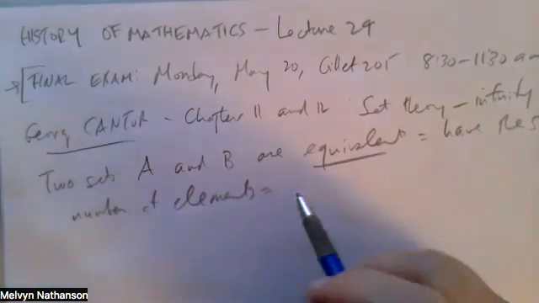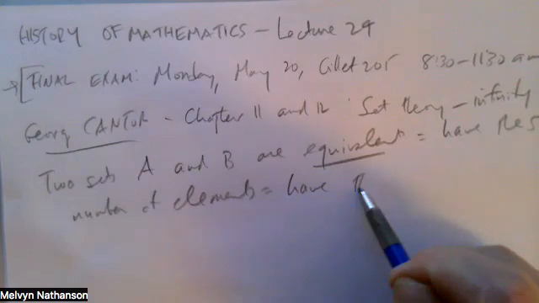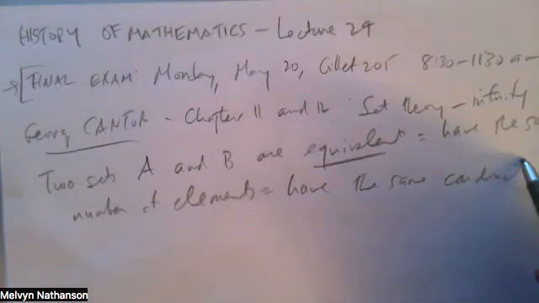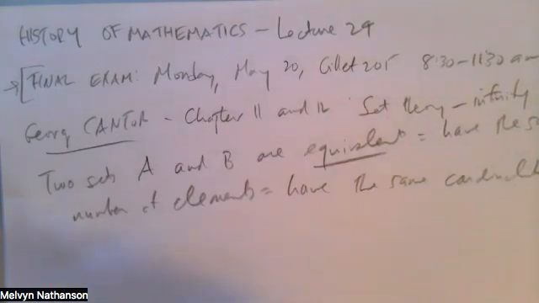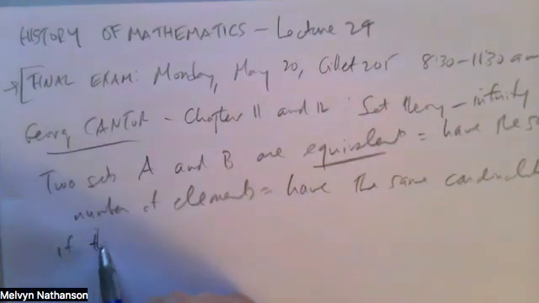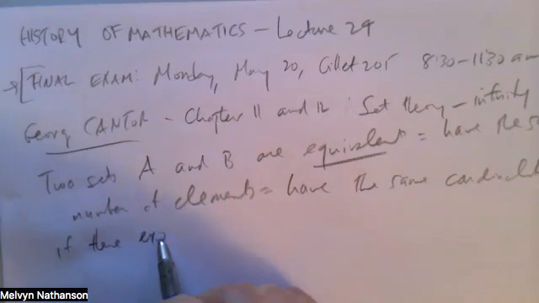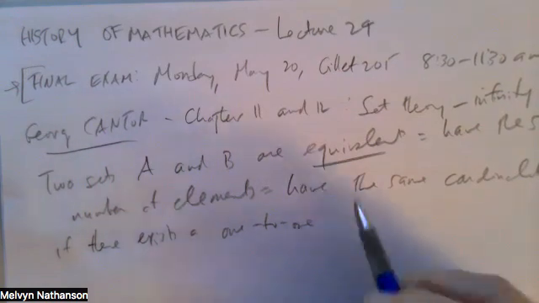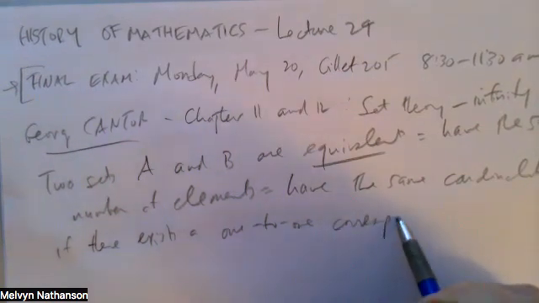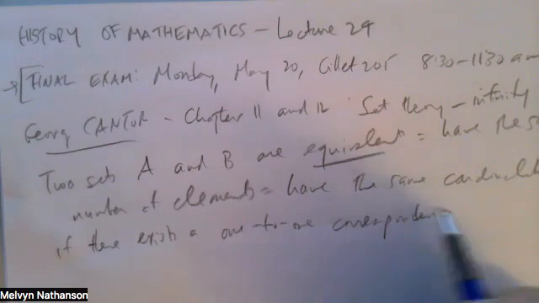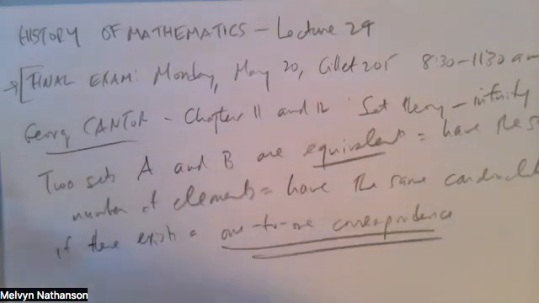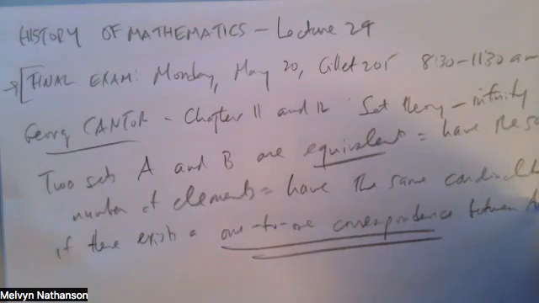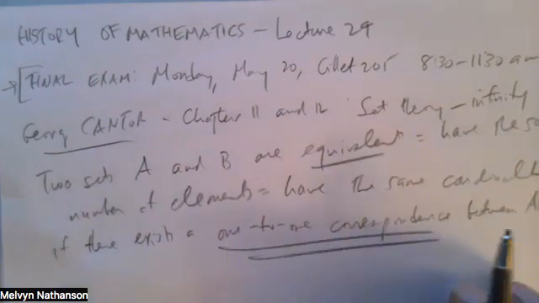And this means they have the same cardinality, if there exists a one-to-one correspondence, so this is an important definition, between A and B.